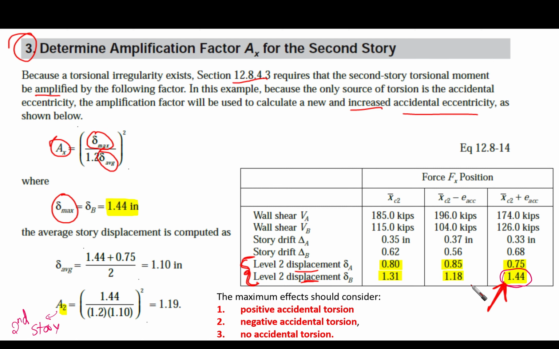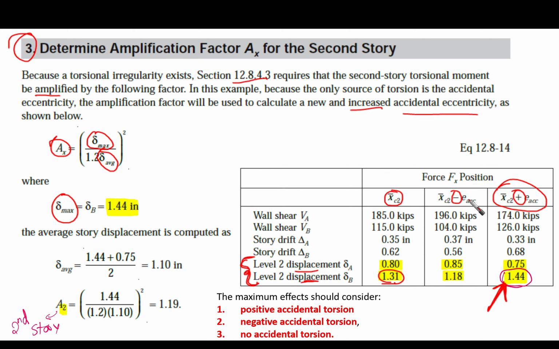inelastic displacement. It will be, in this case, for shear wall A, for shear wall B, and under this case of eccentricity, the +1. If you look here, for example, this is the plus eccentricity, this is minus eccentricity, and this is without eccentricity. Look here at this value, 1.31. It is larger than this value, for example.